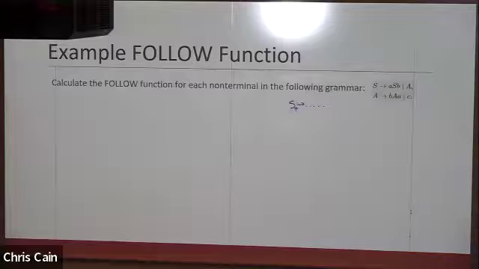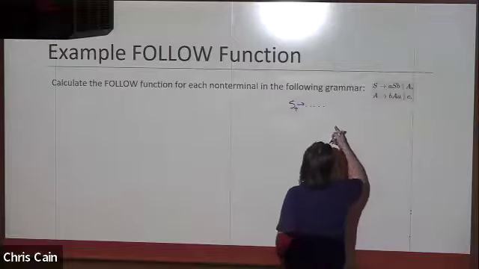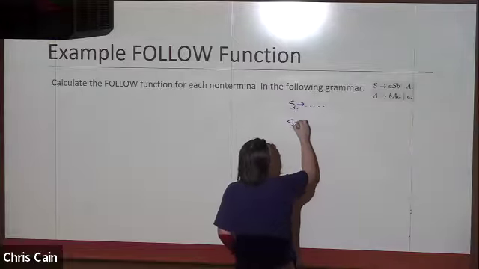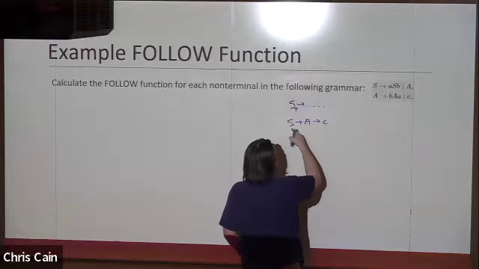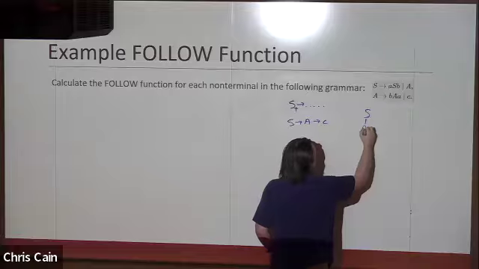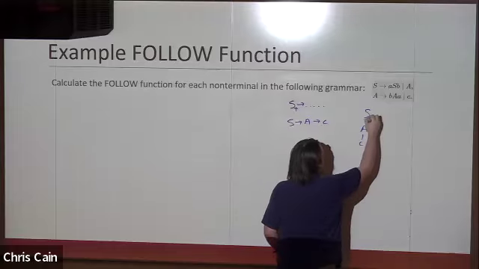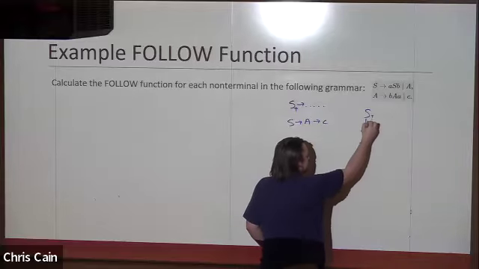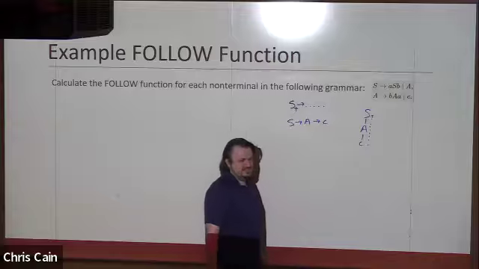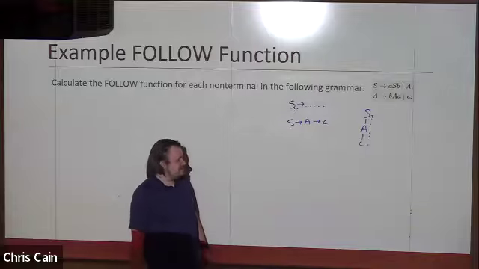So take a second and convince yourself of this. Draw out some expansions using this grammar and try to come up with the set of terminals that follows some S wherever it happens to be. So S becomes A, A becomes C. This S expanded to be A, expanded to be C, and now what follows this S is just empty from some expansion of that.